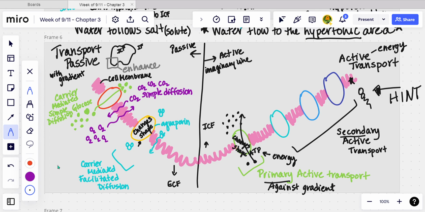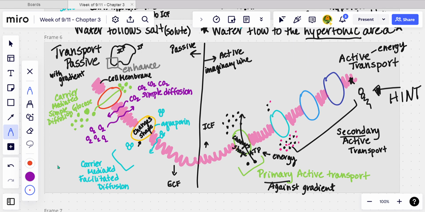So in secondary active transport, there's a molecule that we're meaning to move, but there's another molecule that kind of comes along with it. What I'm going to draw here is a whole bunch of molecules outside of the cell, and not too many of them inside of the cell. And then I'm going to draw some other molecules, and there's going to be tons of them outside of the cell, and not too many of them inside of the cell.